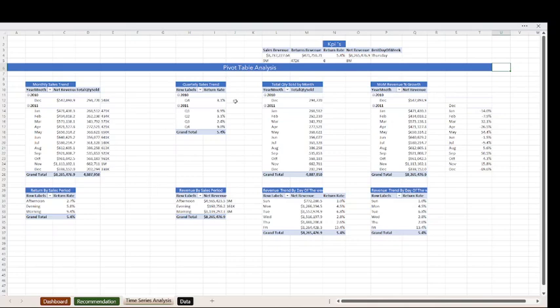For this analysis, I made use of Excel throughout. I used Power Query for my data cleaning, Power Pivot to create calculated columns, and Excel to visualize my data. So everything for this analysis was done using Excel.